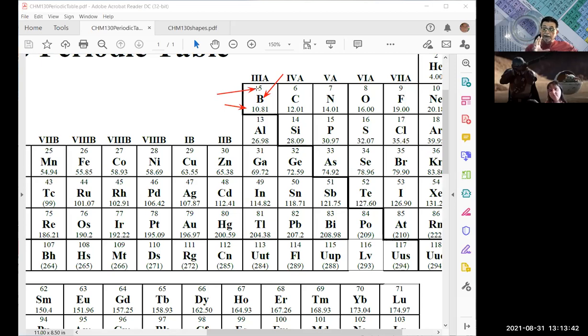Remember that atoms consist of protons, neutrons, and electrons. We're going to talk about how to calculate the number of neutrons, but for the element itself, its atomic number is a whole number that represents the number of protons and the number of electrons.